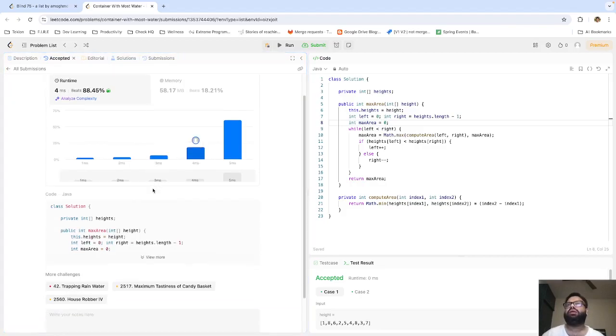Okay, the hook was you have to compare the heights of the current pointers and move the one that makes sense.